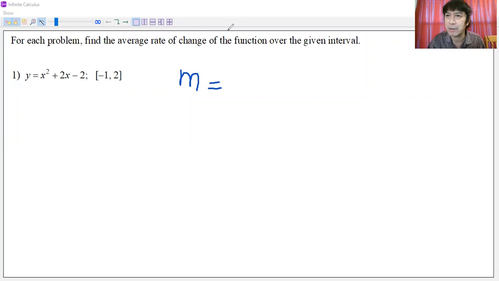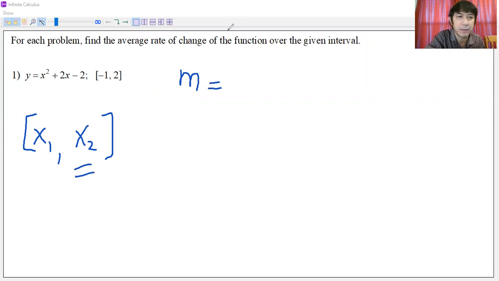And then for a given interval, say for example, interval x1 to x2, these are two values of x, okay? And x2 is the higher, x1 is the lower.